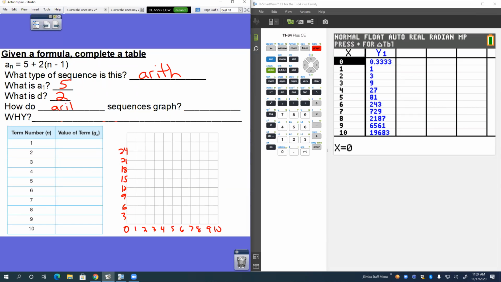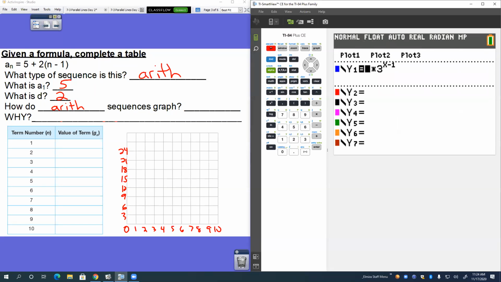We're talking about arithmetic sequences. So how do arithmetic sequences graph? Well, let's see how they graph. So let's go to our y equals. We're going to clear out that previous question. We're going to type in our explicit formula. So 5 plus 2 parentheses x minus 1.